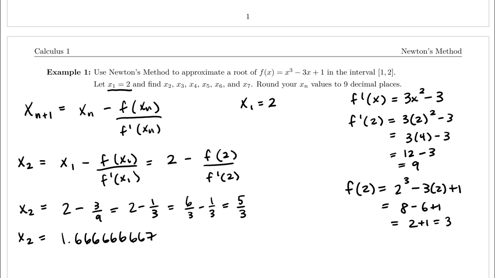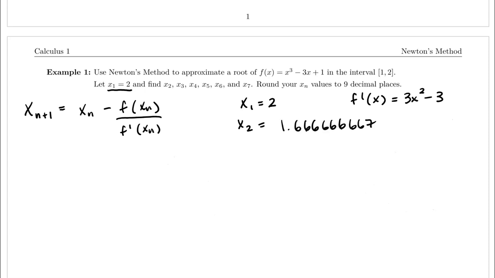Now I want to repeat this process because, again, this is an iterative process, and we'd like to now compute x sub 3. All right, so the generalized formula for x sub 3 is x sub 2 minus f of x sub 2 over f prime of x sub 2.